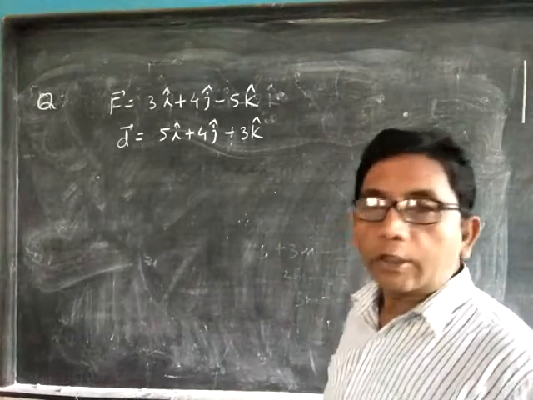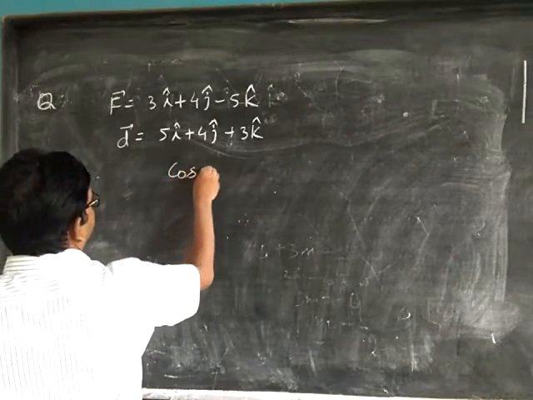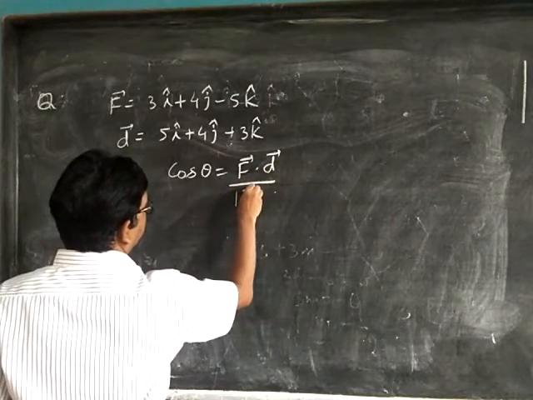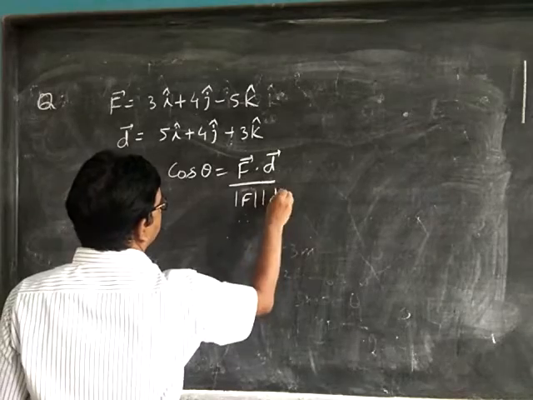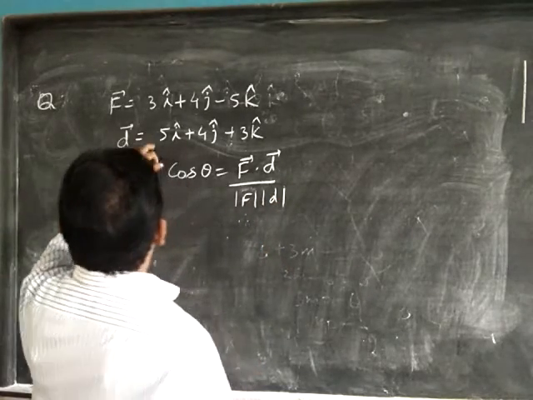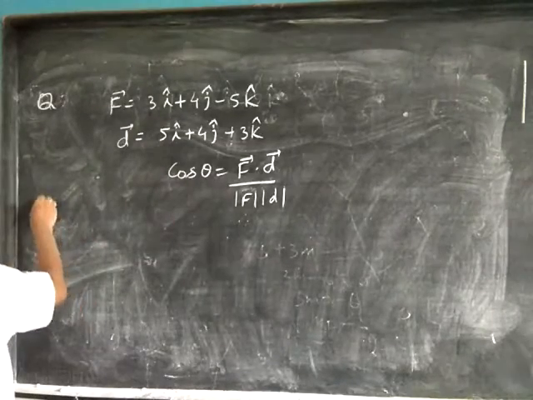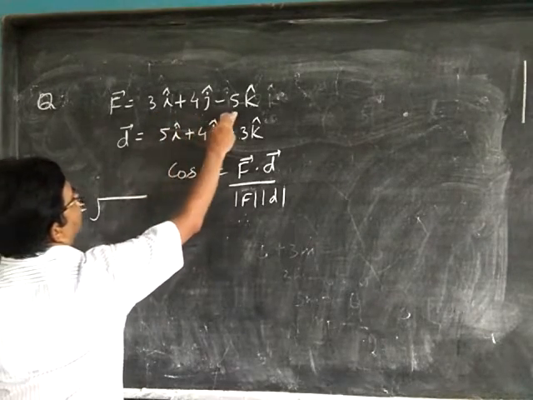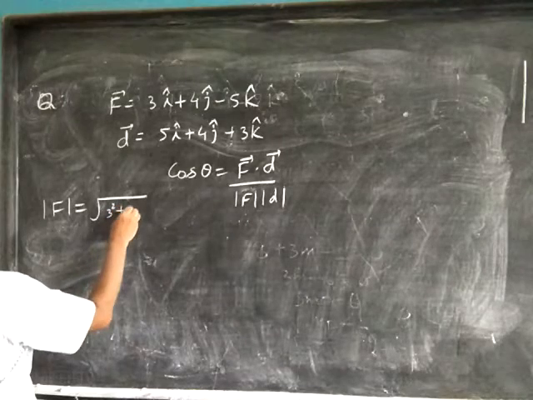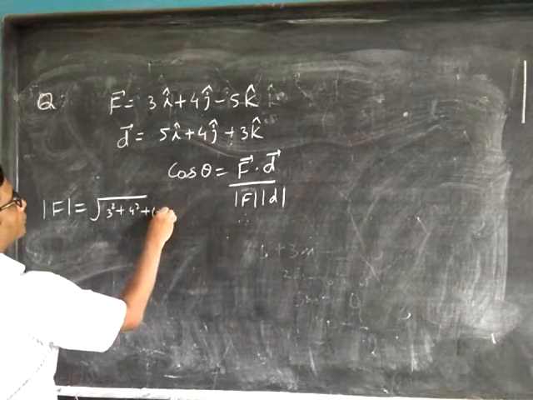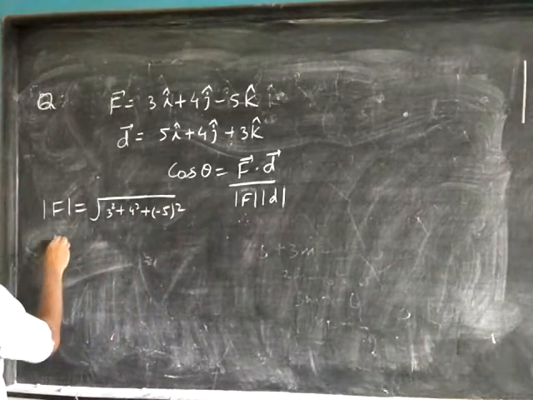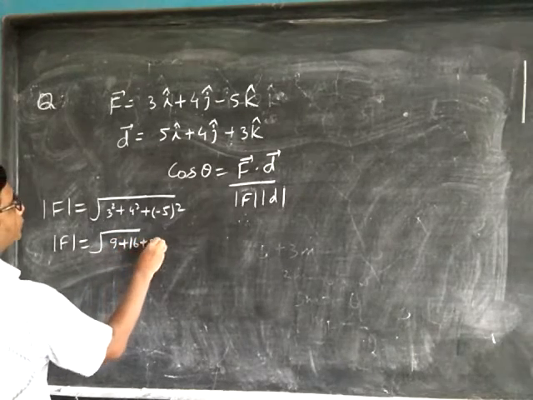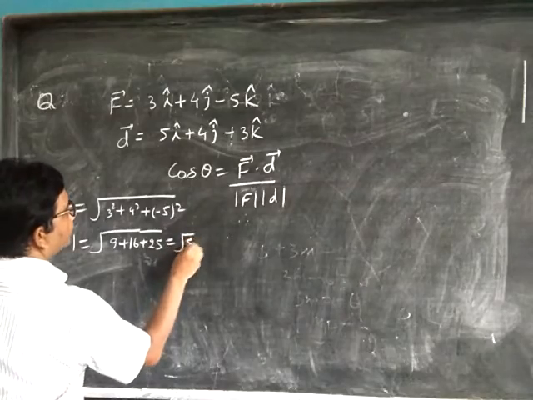We know that cos theta is equal to F dot D upon mod F mod D. First we find mod F, which is under root of the coefficient squares of i, j and k, that is 3 square plus 4 square plus minus 5 square, that is mod F is equal to 9 plus 16 plus 25, equal to under root 50.